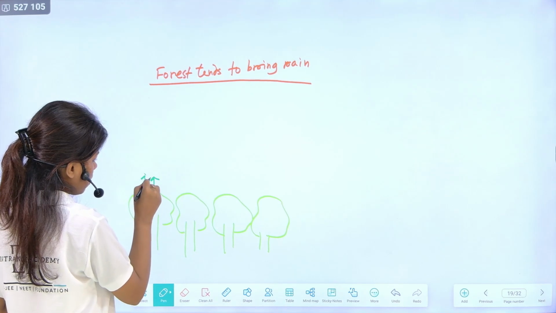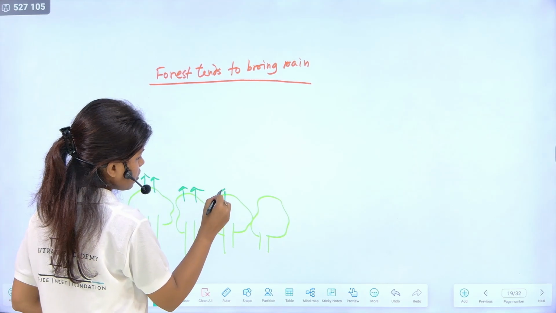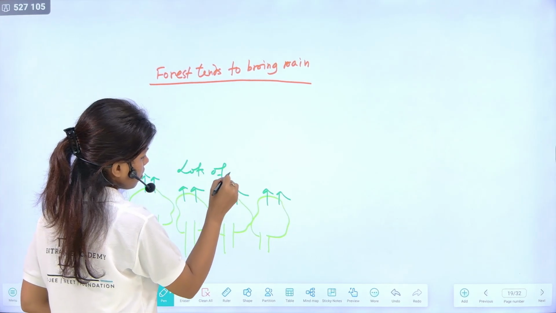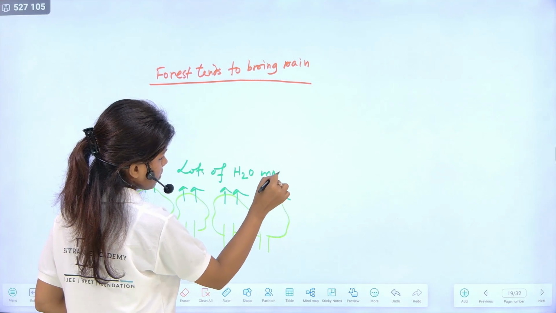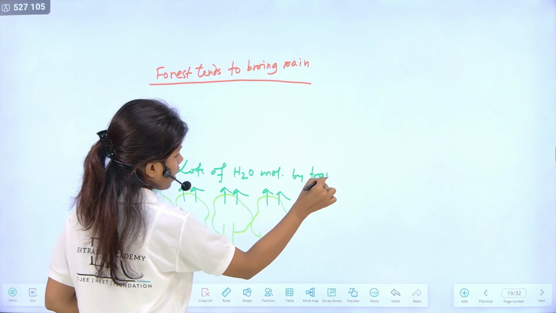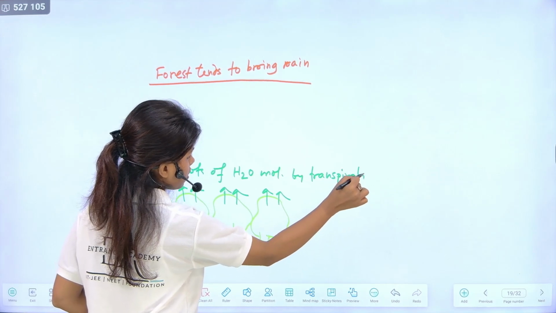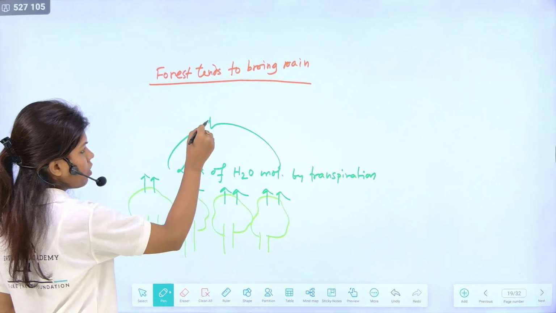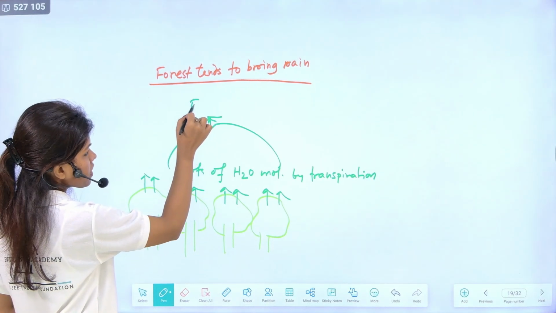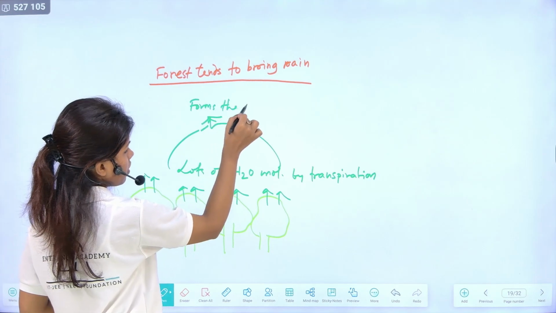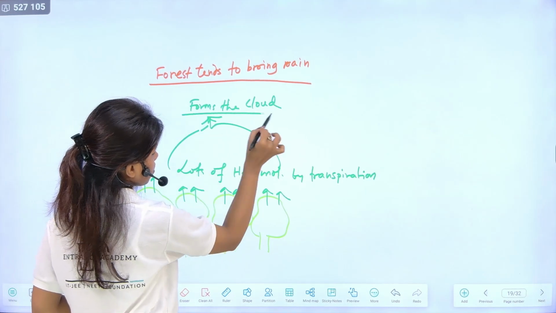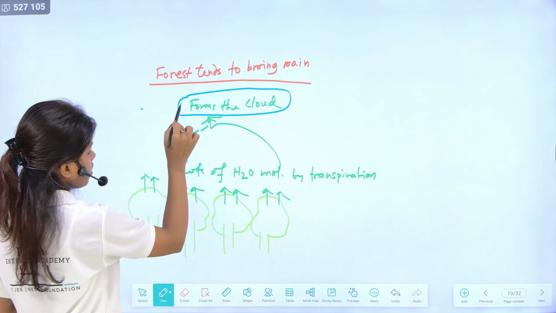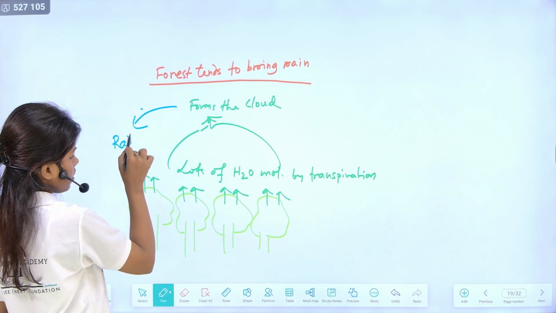So these trees will release a lot of water molecules by the transpiration mechanism, and these water molecules will go up, form the cloud, and finally these clouds are responsible for bringing rain.